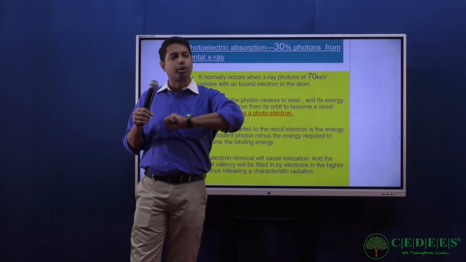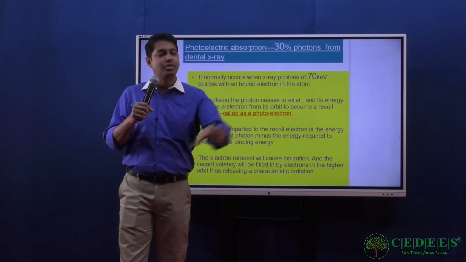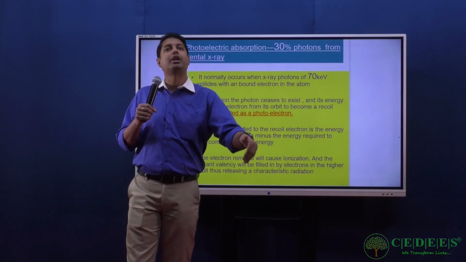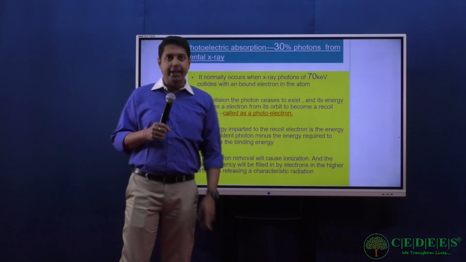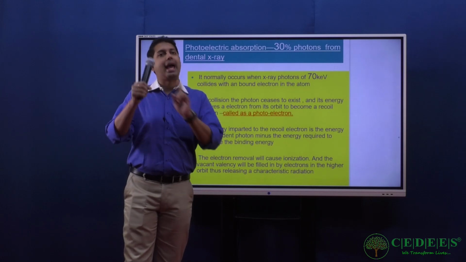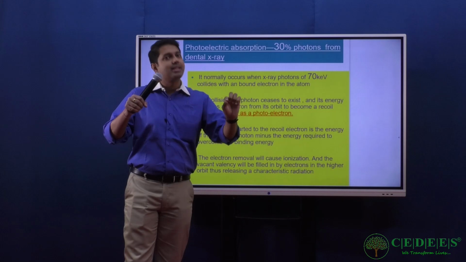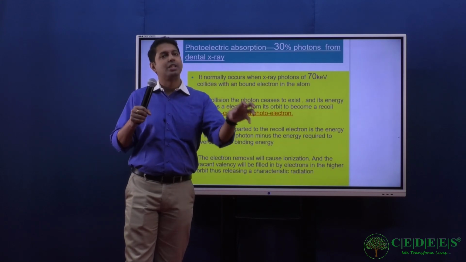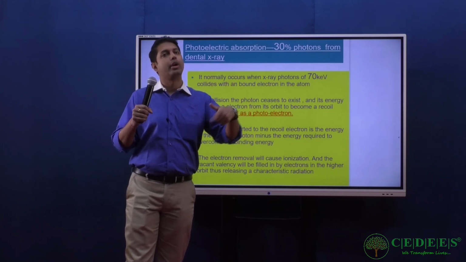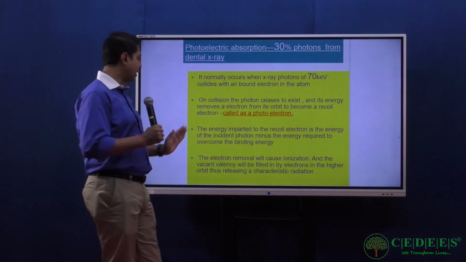So if I have to throw this electron out, I have to give definitely more energy than the binding energy of this particular electron. That is why the energy of the recoil electron is calculated as the energy of the incident photon which came and banged, minus the binding energy of this particular electron before it was knocked out. Is that clear? I hope it is fine for you all now.